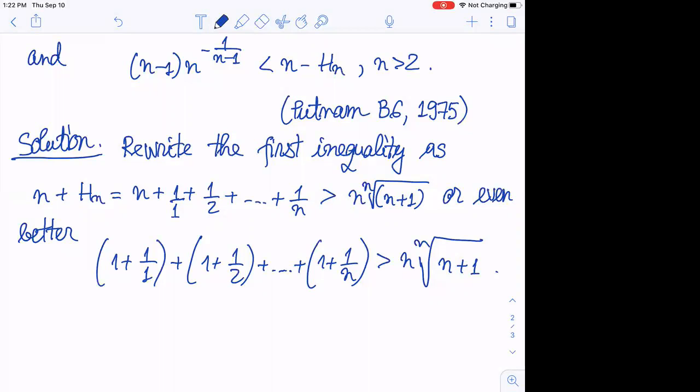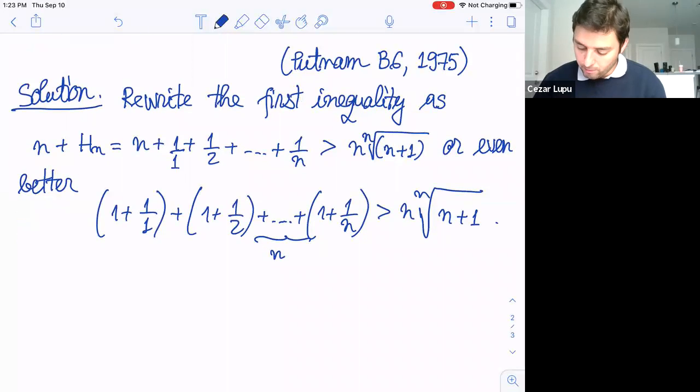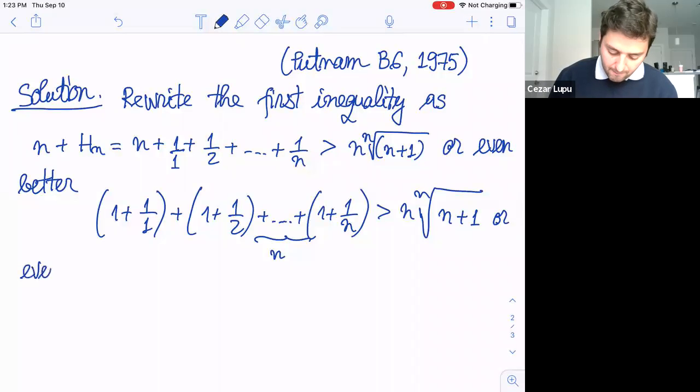I'm going to put myself out there, and I'm 100% wrong. But the Cauchy, I don't know. What do I have on the left hand side? First of all, this is n terms here, right? It's a sum, right? Or even better, let me rewrite this in the following way.